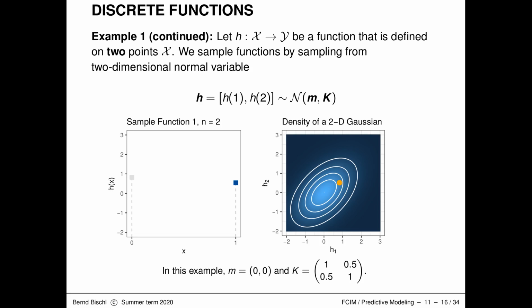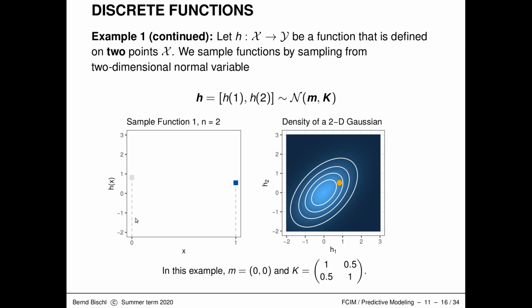Okay, let's continue our visual example. So again, we use our simple interval here from 0 to 1 in our one-dimensional input space, and everything is still finite dimensional, and we started out by using simply 2 measurement points.